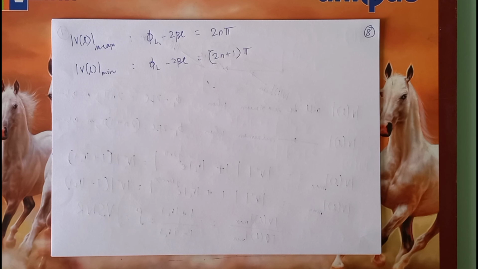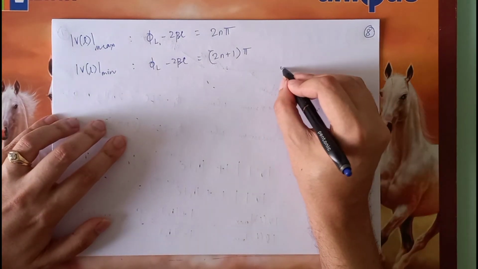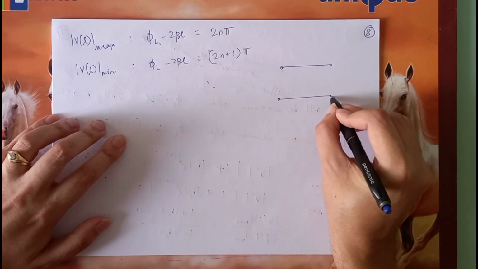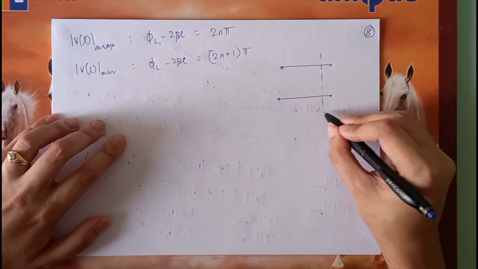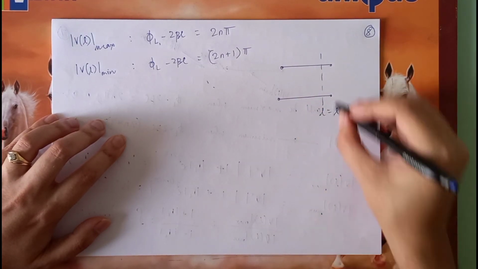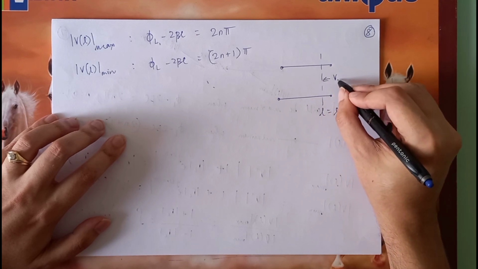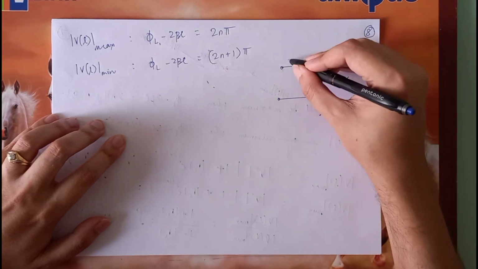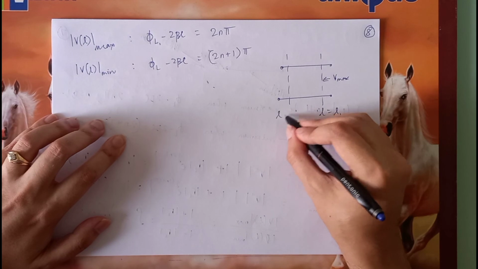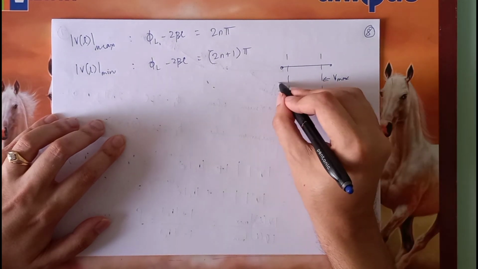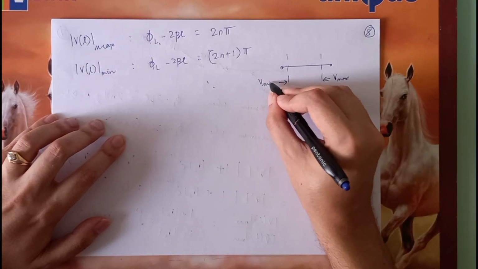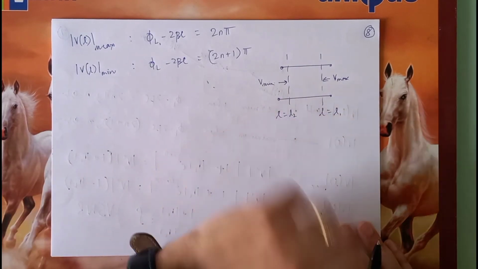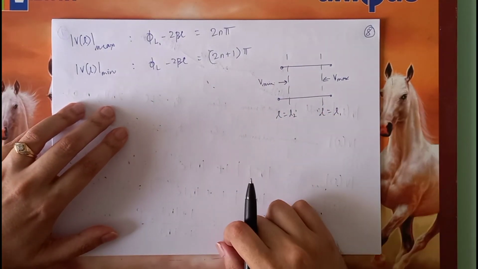Now let us say I have a transmission line. At some point L equal to L1, I am observing maxima. And at some point L equal to L2, I am observing minima. Then can I say what will be the distance between these 2 points?